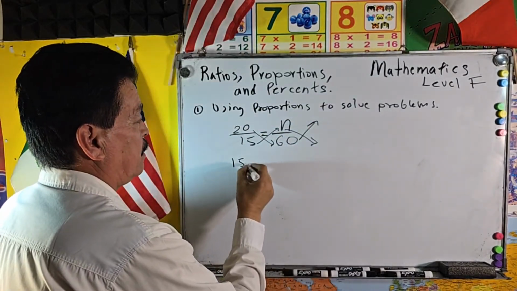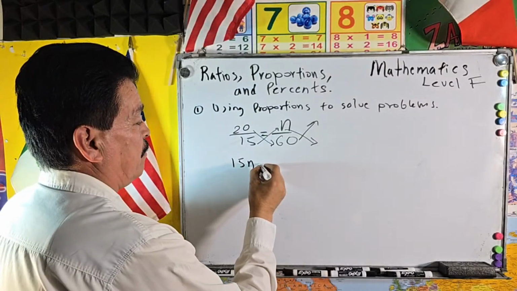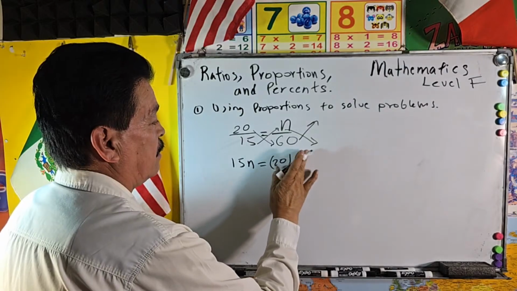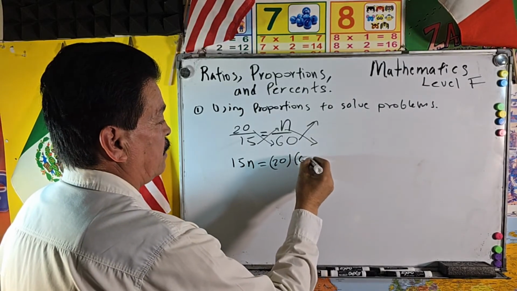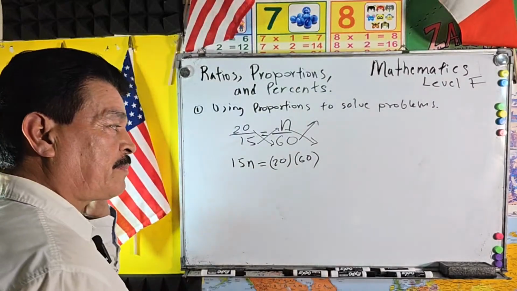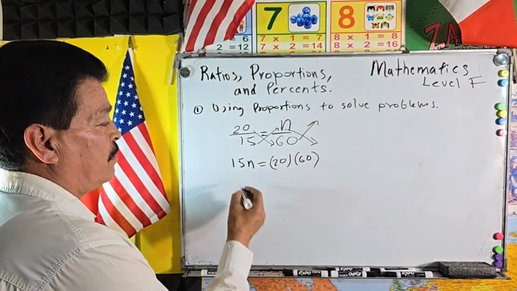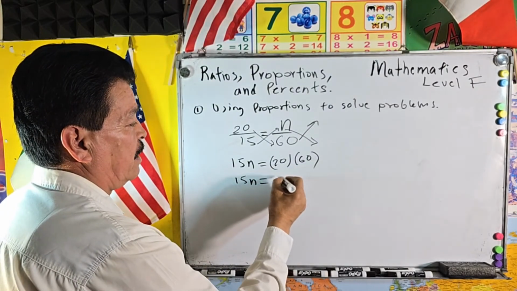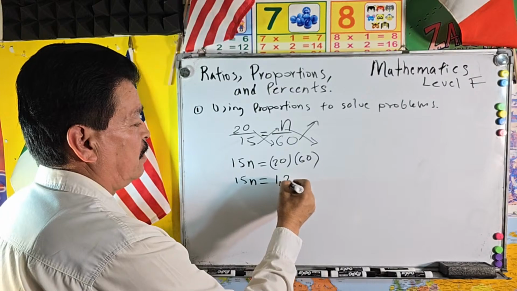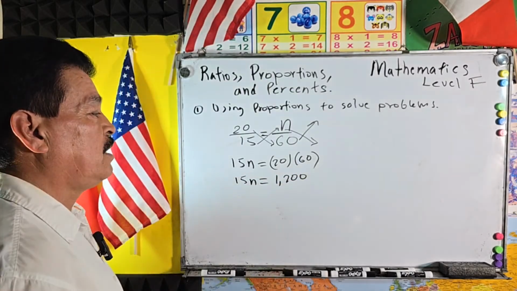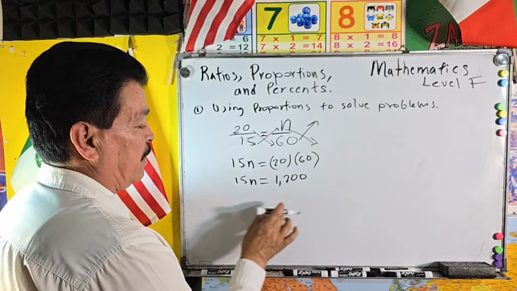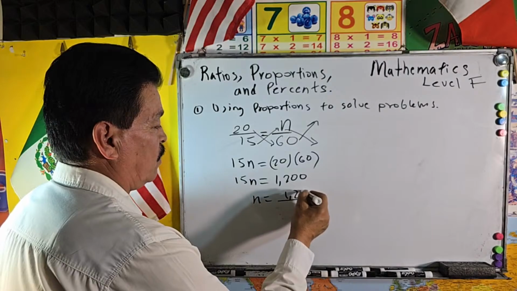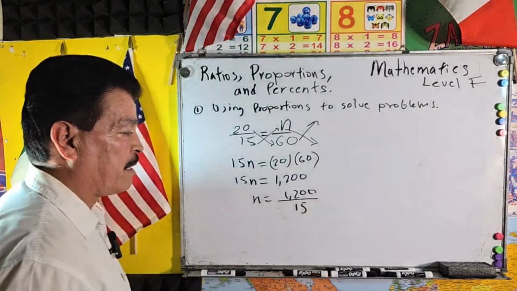So 15 times n must equal 20 times 60. 20 times 60 is 1,200. Now this is a multiplication, so just divide: n equals 1,200 divided by 15.